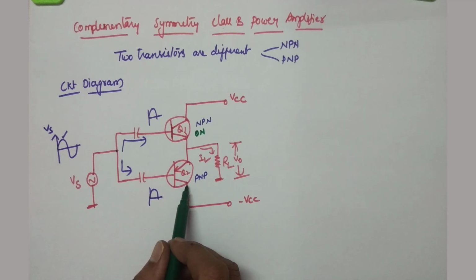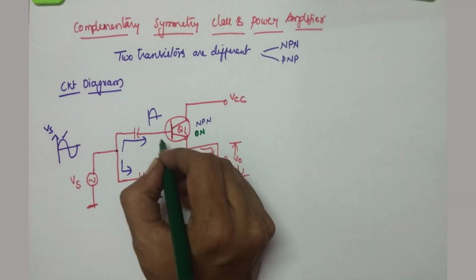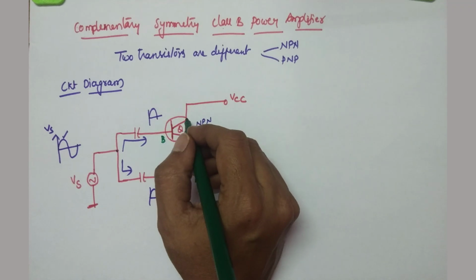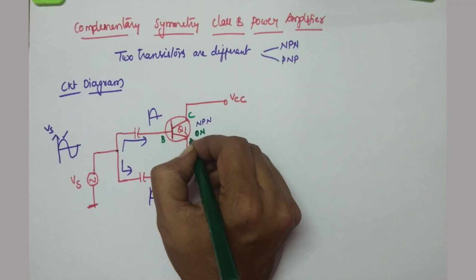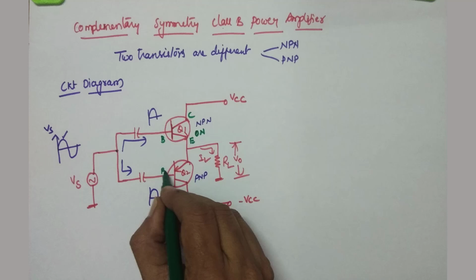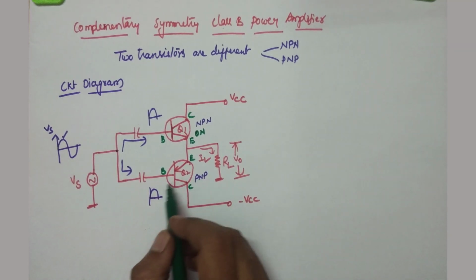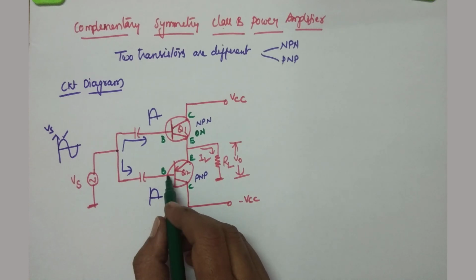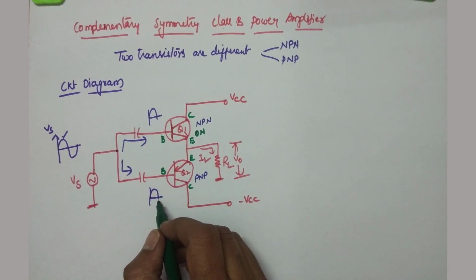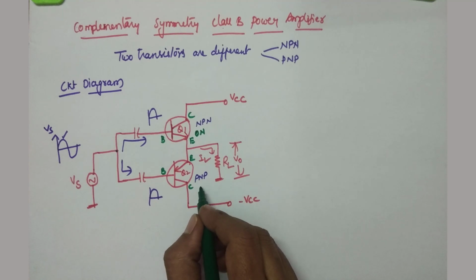Then this is PNP, meaning the base. I'll indicate the emitter terminals. Here, as Q2's base is N type, if you apply a positive half cycle as input, then the PNP transistor becomes off.